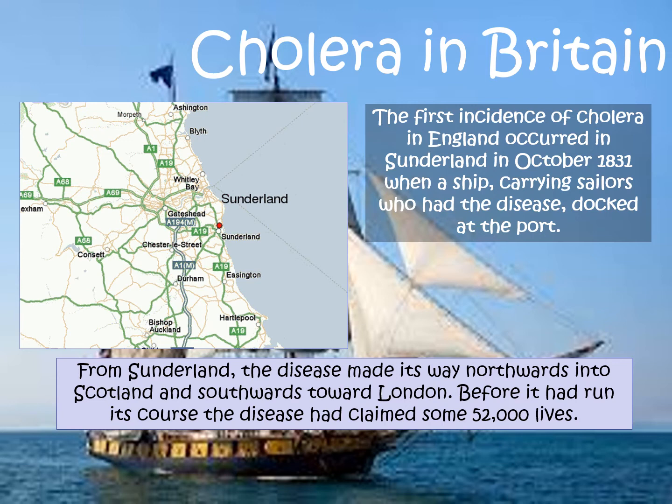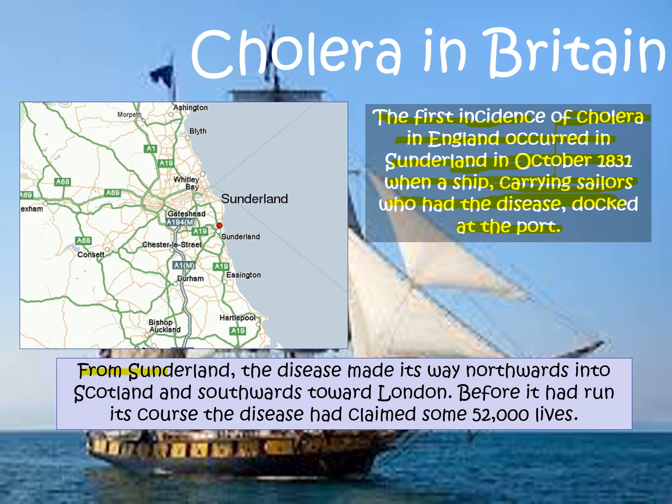So where did cholera actually come from? We don't have an exact place in the world where we know for a fact that cholera came from originally, but the very first time that we ever see it in Britain happens in Sunderland in roughly October of 1831. A ship carrying sailors who were very unwell with a sickness and diarrhea bug docked at the port, and they were obviously very ill, and one or two of them did die, and the rest of them did manage to get better, but we weren't exactly sure how.